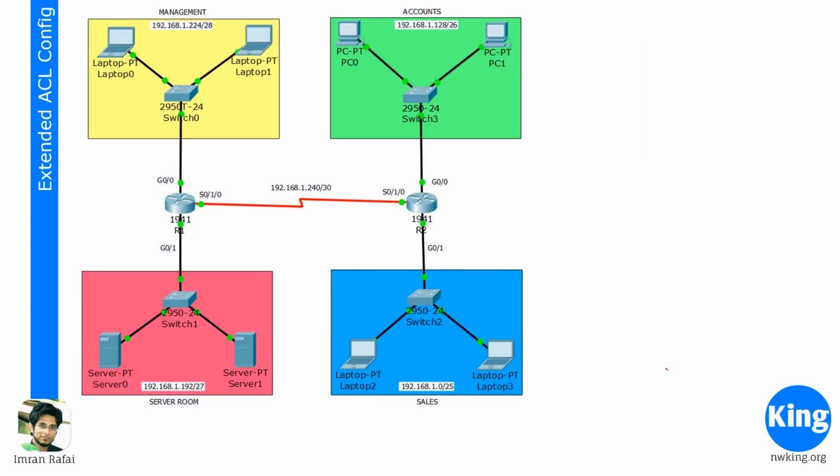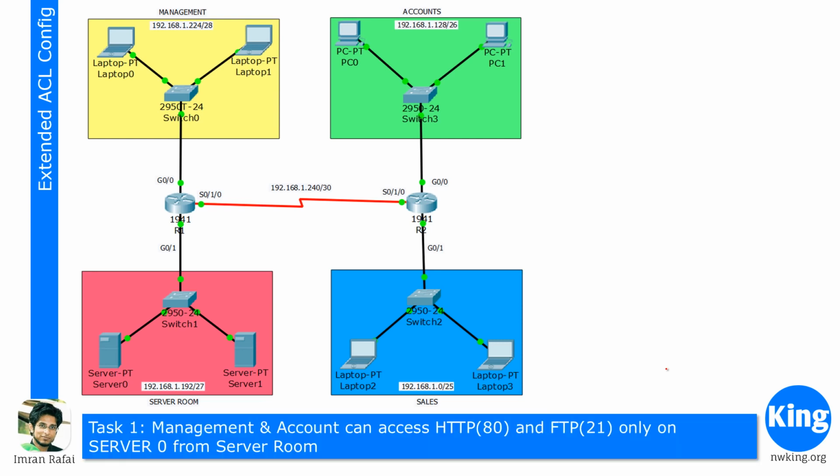Right, so let's look at a scenario, and we'll try to configure this. So our first task says management and accounts can access HTTP 80. HTTP 80 is nothing but web traffic, right? And FTP traffic only on server 0, right? That means to say this whole network of management can access server 0, and this whole accounts network can access server 0, right?